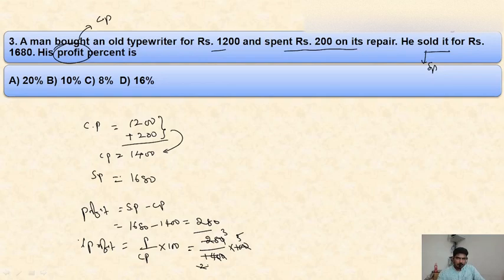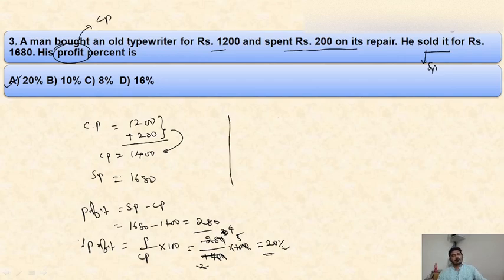Let me see the things again here. 0 0 and 0 get cancelled, 7 twos are 14 and 7 fours are 28, and 4 into 5 is nothing but 20 percent. So the profit in the transaction will be 20%.